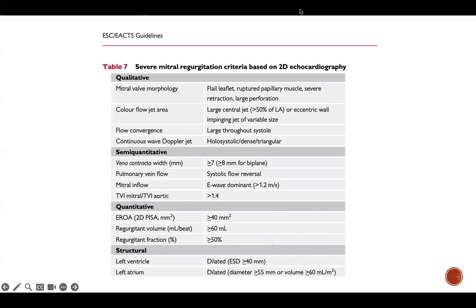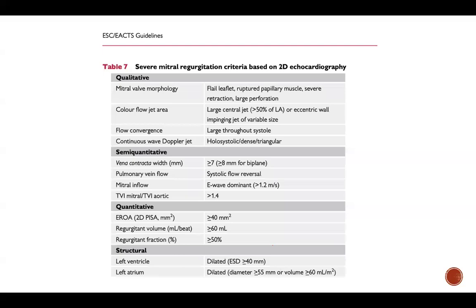The criteria for severe mitral regurgitation as per the European Society of Cardiology and the American guidelines are almost the same. We gave you the criteria in the qualitative, semi-quantitative, and quantitative categories. If you have a flail leaflet, ruptured papillary muscle, severe retraction or perforation, again from the 2D, you most likely have severe mitral regurgitation.